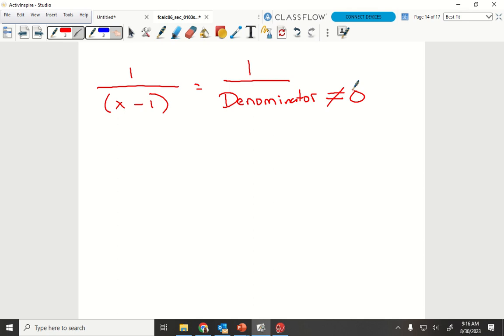So I could actually have something like this: x plus 3, x minus 2, x plus 1, and the whole thing. I cannot have that. So I set the denominator equal to 0, and that's going to give me all my places in which that is going to be undefined in my domain. So, does that make sense?